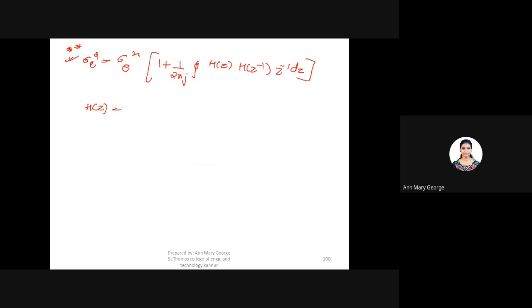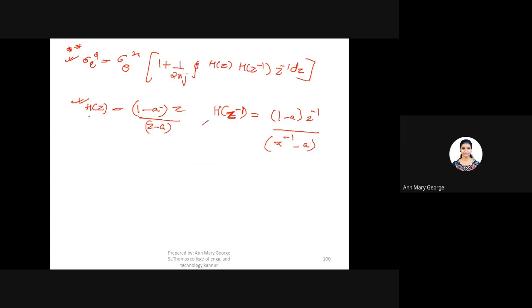H of z can be written as 1 minus a into z by z minus a, and the transfer function when z inverse is considered can be written as 1 minus a into z inverse by z inverse minus a. അല്ലേ? അതായത് ഇസഡിന്റെ സ്ഥാനത്ത് ഇസഡ് ഇൻവേഴ്സ് കൊടുത്തന്നേ ഉള്ളൂ.